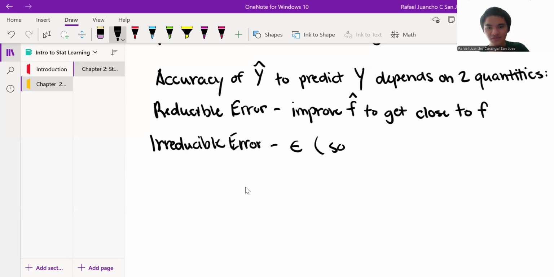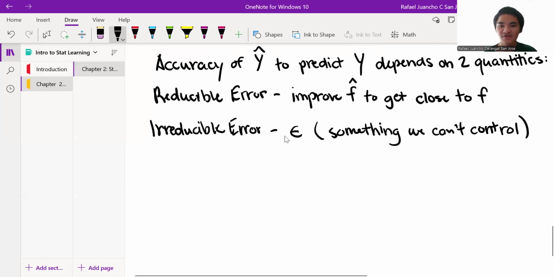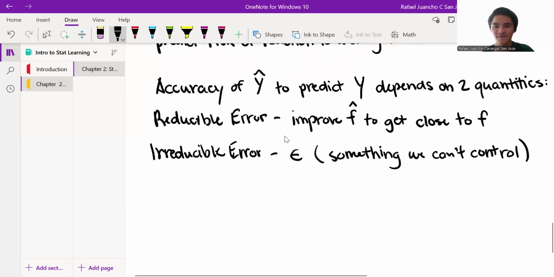So again, it's really all about control. This is something we can't control, and it just happens. This is something we can control. How can we better fit this approximated f to get close to its exact value, right?